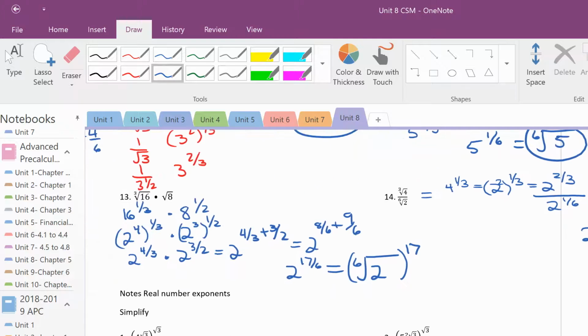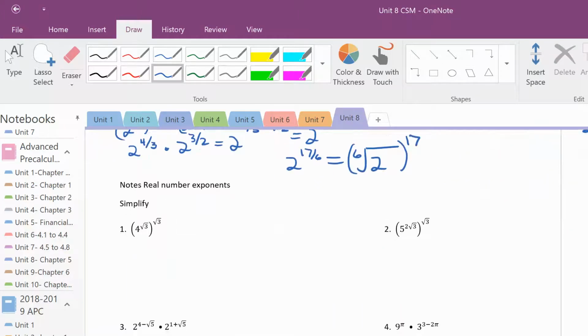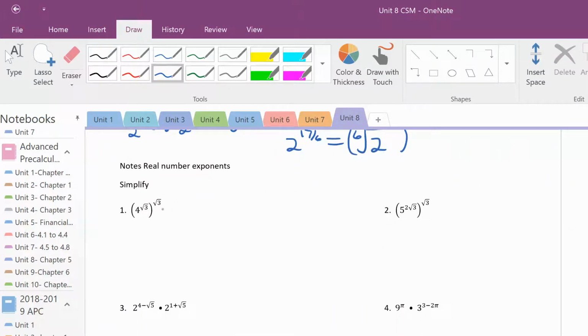All right, let's look at the bottom ones. So remember, when we raise it to a power, we multiply. So this is going to be 4 to the 3rd, which is 64. So here it's going to be 5 to the 2 rad 3 times rad 3. So it's going to be 5 to the 2 times 3, so 5 to the 6th.